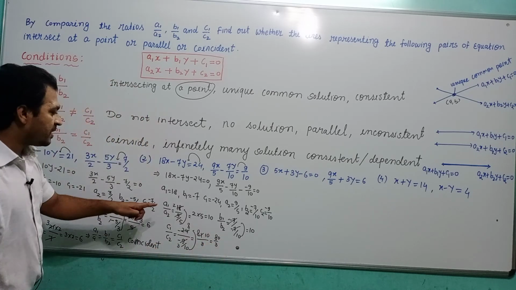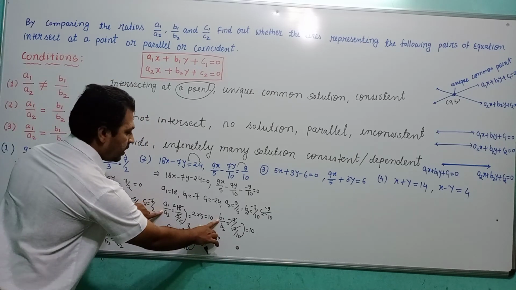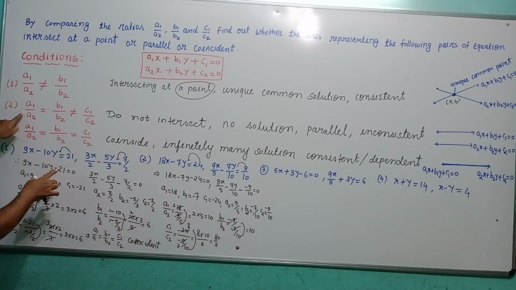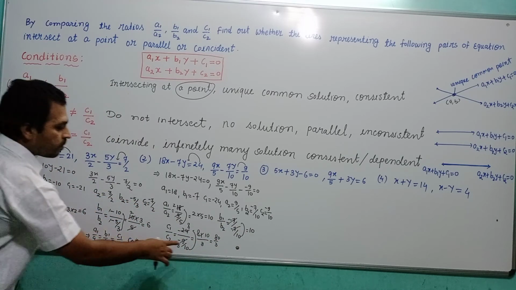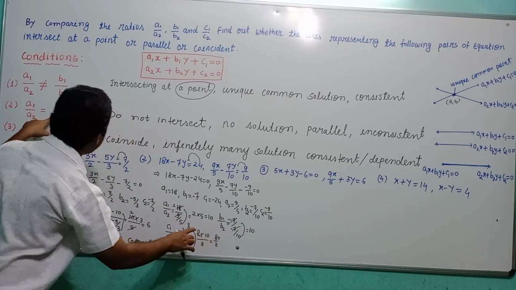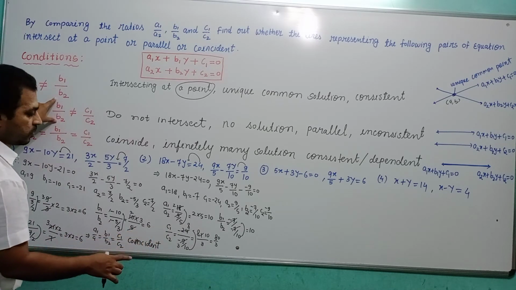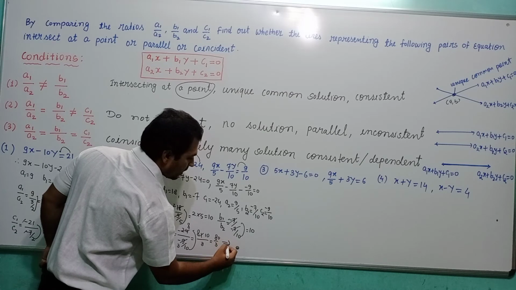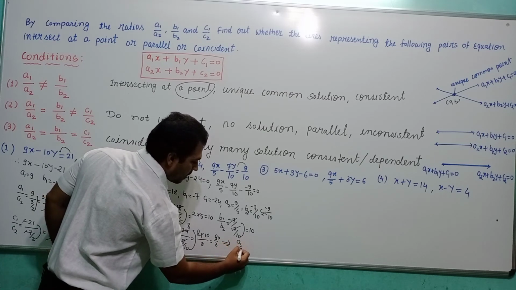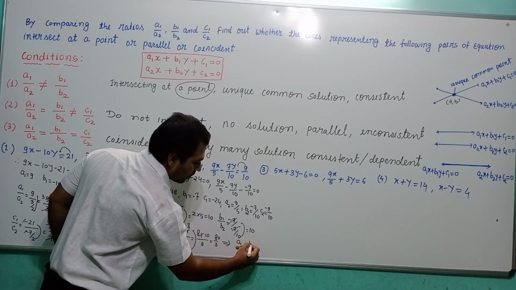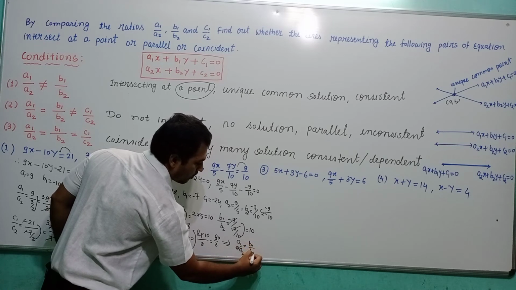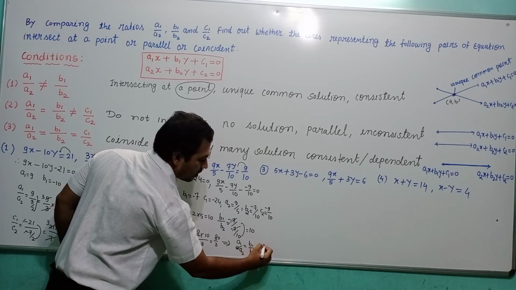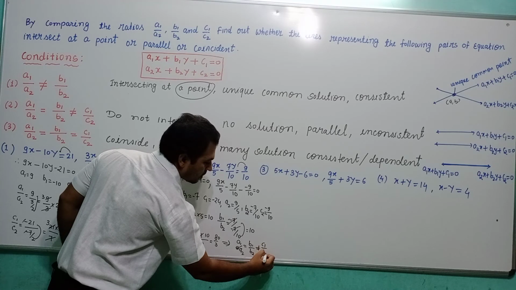So students, here you can see that a1 by a2 is equal to b1 by b2, but c1 by c2 is not equal to a1 by a2 and b1 by b2. So as per the second condition, it's satisfying that a1 by a2 is equal to b1 by b2 and does not equal c1 by c2.